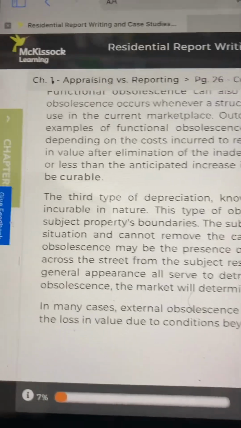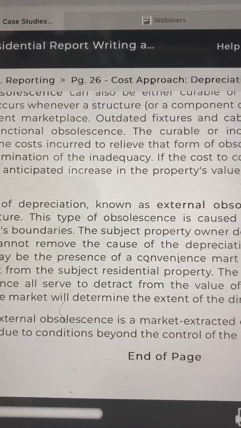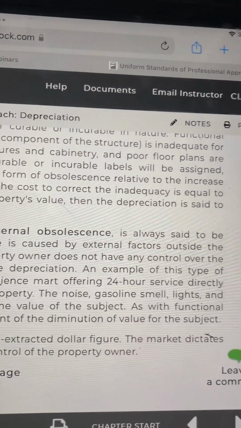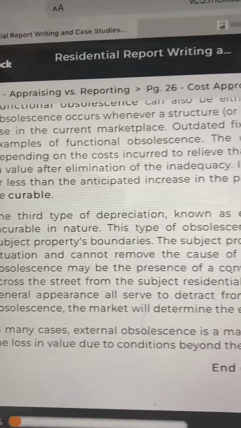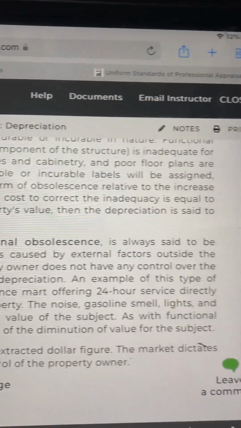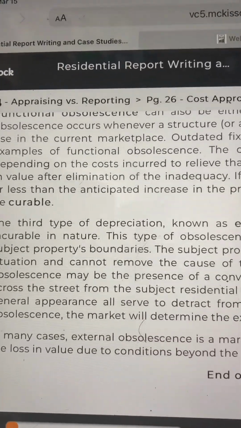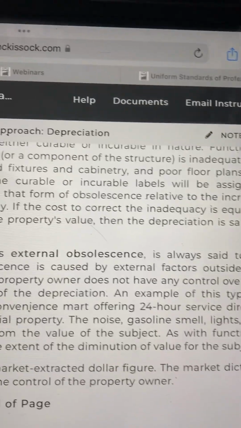As with functional obsolescence, the market will determine the extent of the diminution of value for the subject. In many cases, external obsolescence is a market extracted dollar figure. The market dictates the loss in value due to conditions beyond the control of the property owner. End of page.